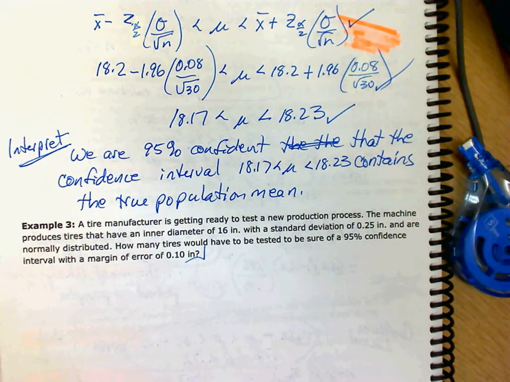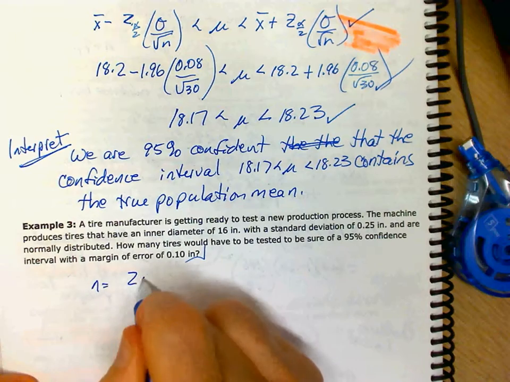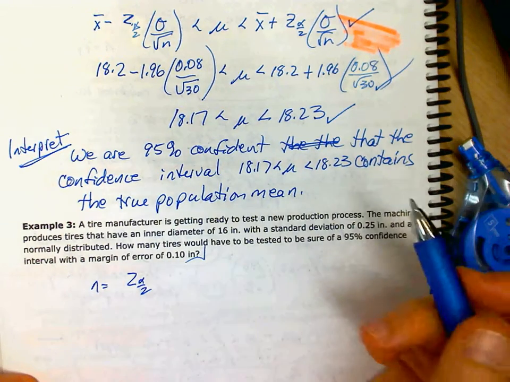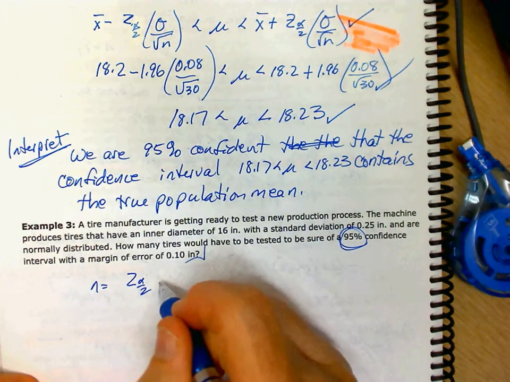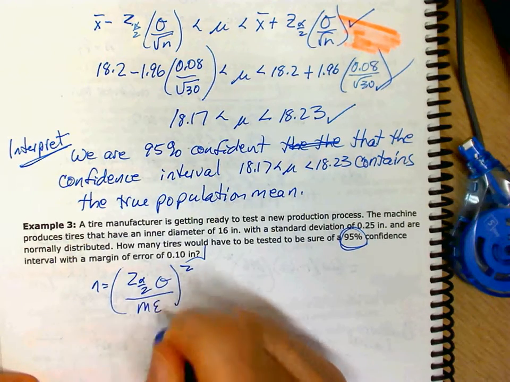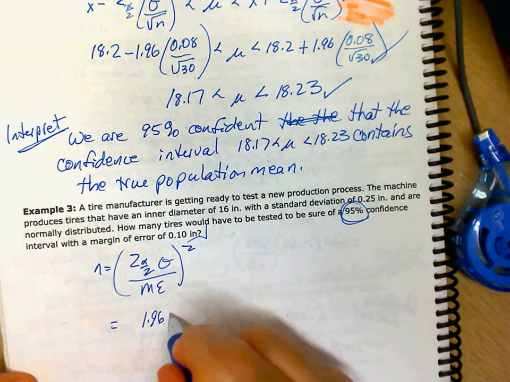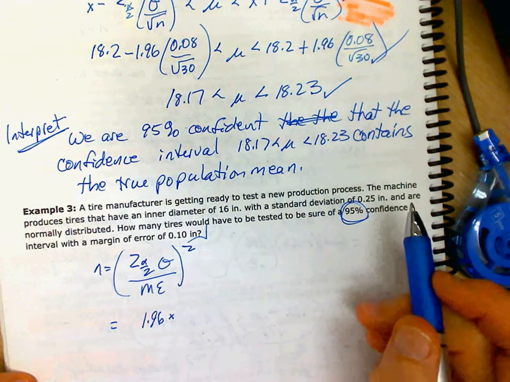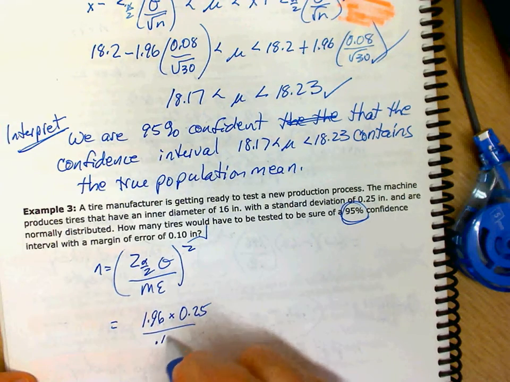So N is equal to Z alpha over 2. They want a 95%, so that's 1.96 sigma squared all over the margin of error. So we have 1.96 times 0.25 all over 0.10 squared, and I get 24.01, but always round up.